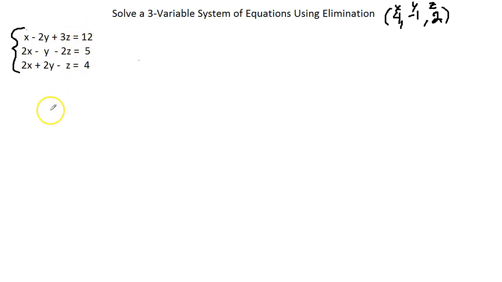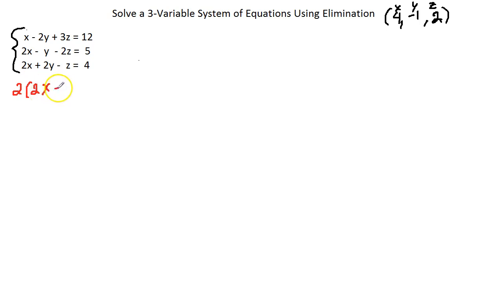Sometimes you can get some very big numbers. So let's try this. I'm going to take my equation 2, and I'm going to multiply it, first of all, by +2.